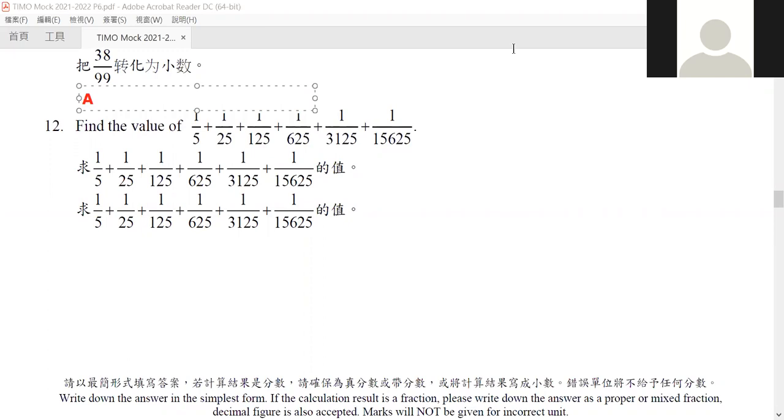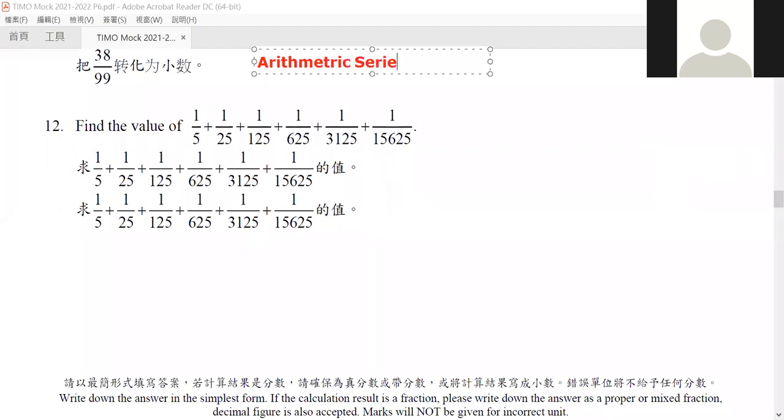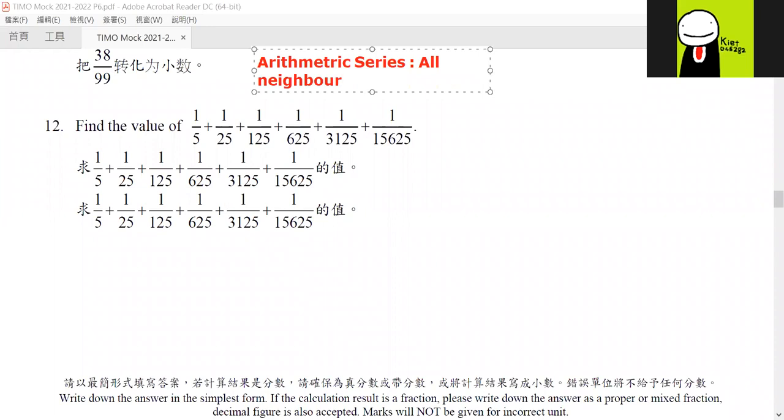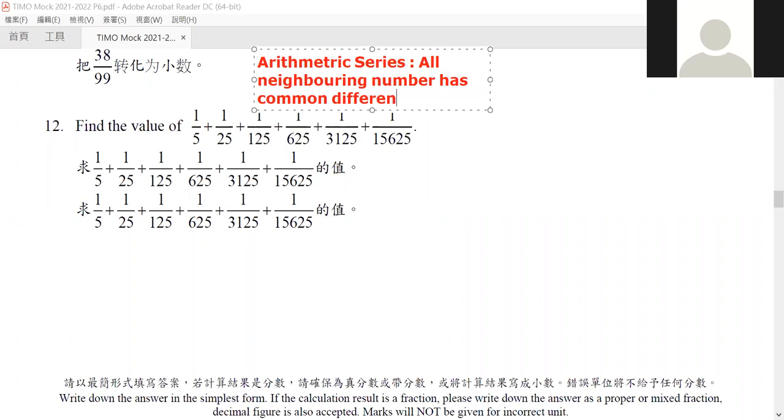Recall that an arithmetic series is one where all neighboring numbers have a common difference. Notice the keyword here is difference.